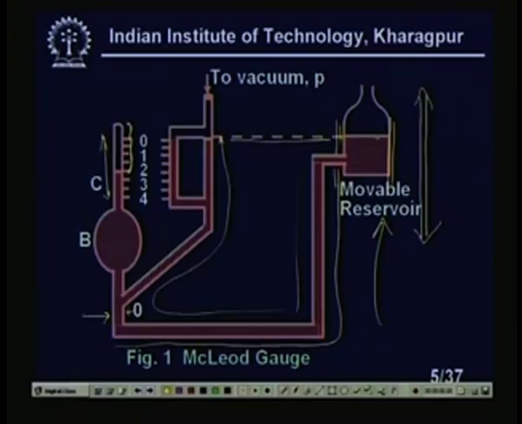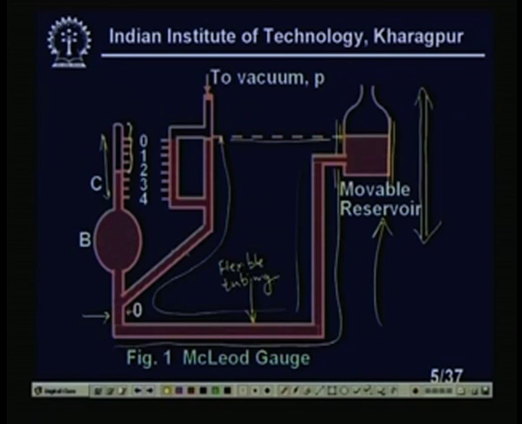Again I am telling, this movable reservoir will come down, all the mercury will be collected here, because this is a flexible tubing. Right.